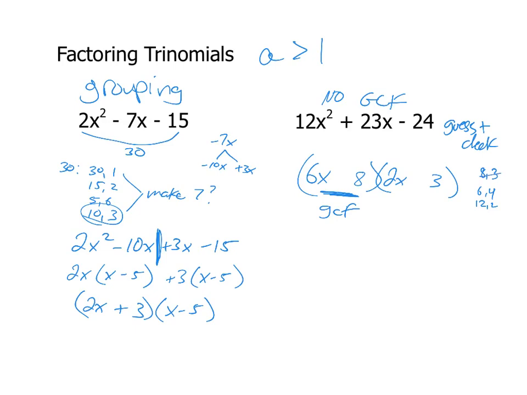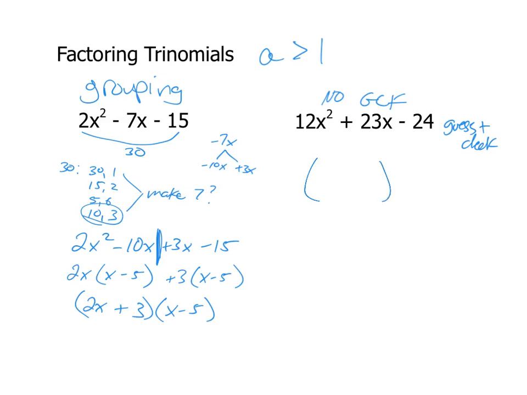So I can't do 8 and 3 because that's going to give me a GCF regardless of where I put it in. I can't do 6 and 4. I can't do an even number because these are both even. Let's get the big eraser out. So I can't do that. So 6 and 2 as a start is not going to help me out too much at all.